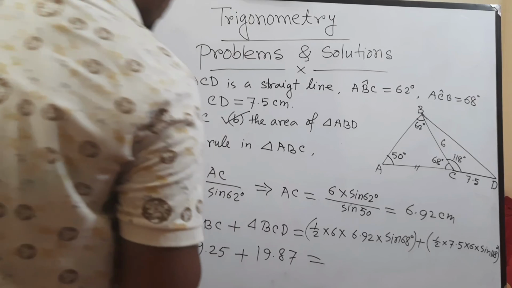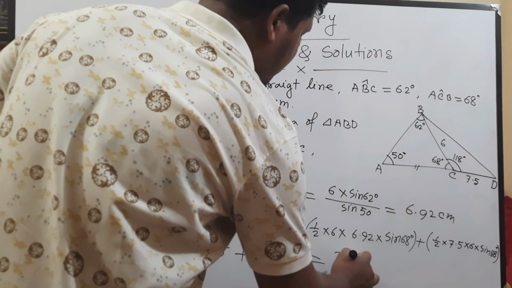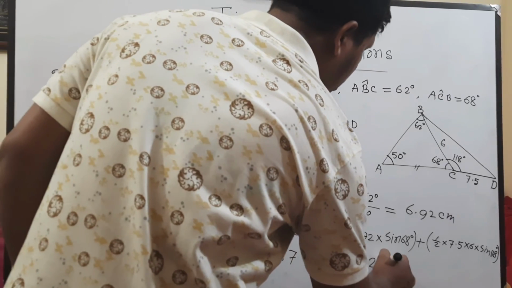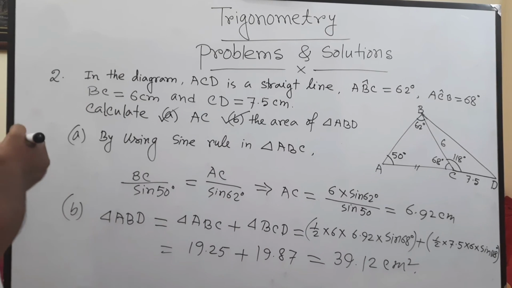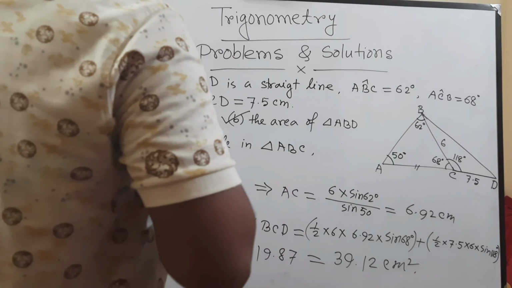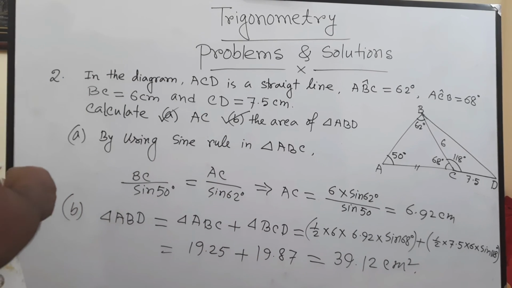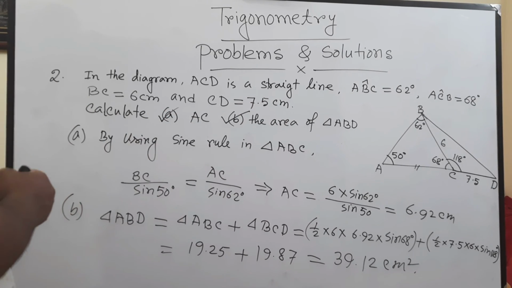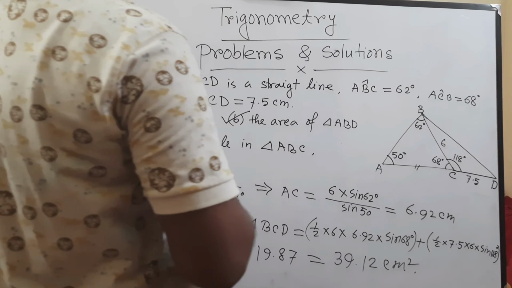So if we add these two values, then it will be 39.12 centimeter square. So this is the area of this triangle ABD. So look at here, if you use the formula, then it will be so easy and you can easily find the value of AC and the area of the triangle, but you must need to know the formula from trigonometry.